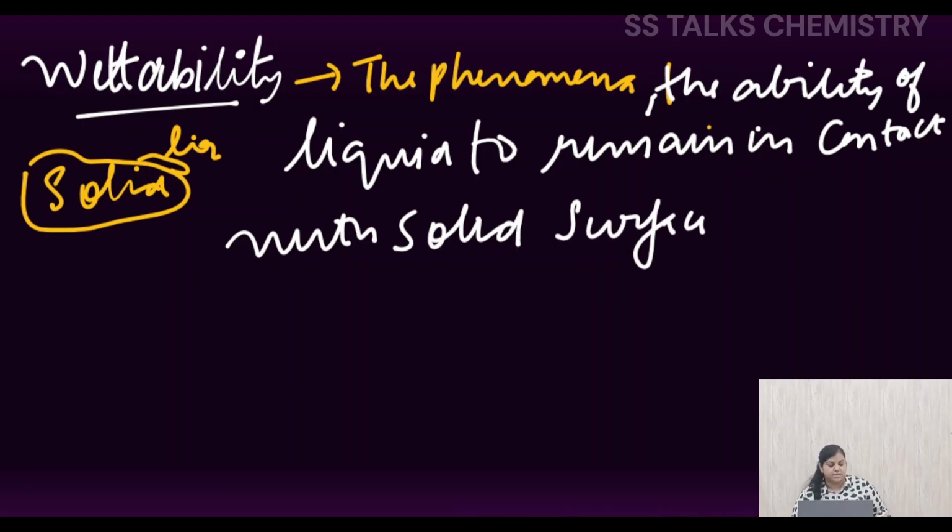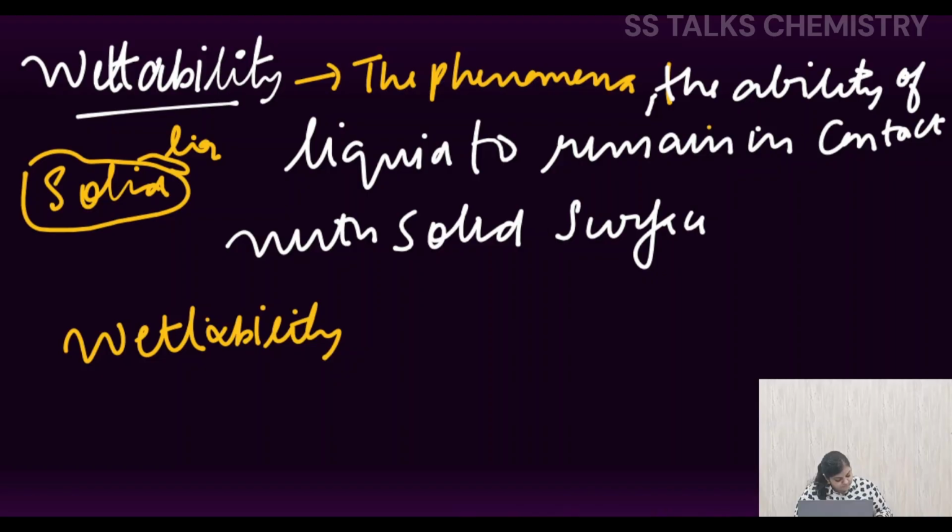This is known as wettability. That is basically the phenomenon in which we define the ability of the liquid substance to remain in contact with the solid substance. How do you define this wettability? This is on the basis of the contact angle. Wettability is measured by the contact angle.